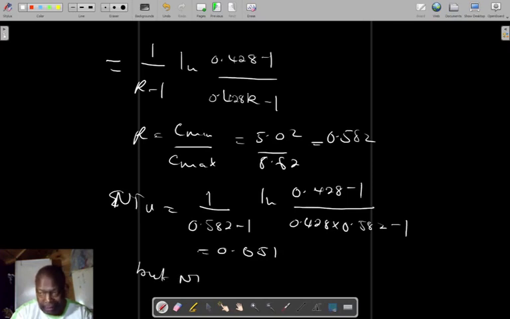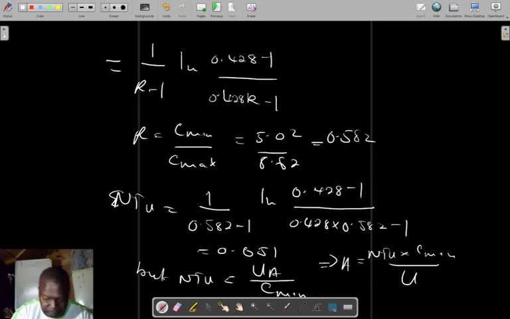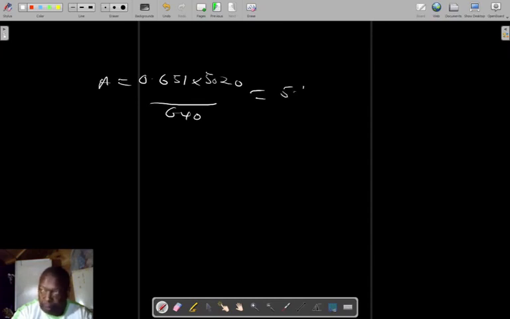But we know that NTU is equal to UA divided by C minimum, which implies that A is equal to NTU times C minimum over U. So our A is equal to 0.651 times 5020 divided by 640, and that is equal to 5.11 meters squared.